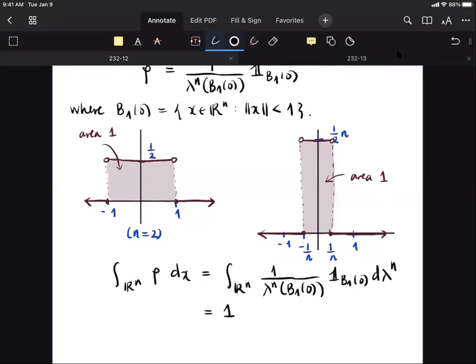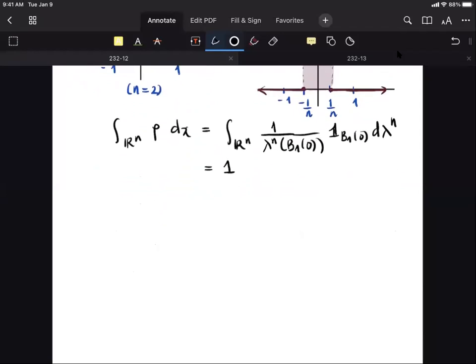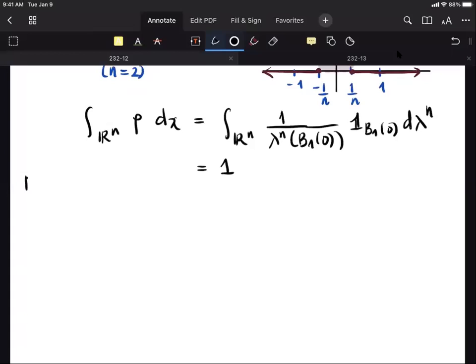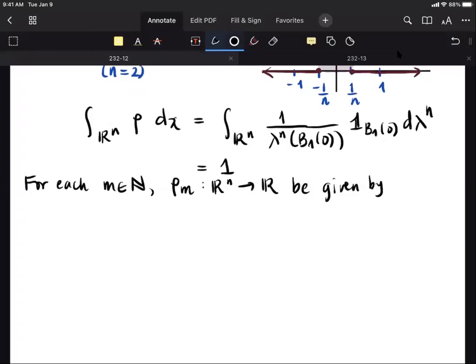Now, the region on the right can be defined by scaling rho. So for each positive integer m, let us define the scaled rho sub m mapping from R^n to R as follows. So rho m of x is rho of mx.